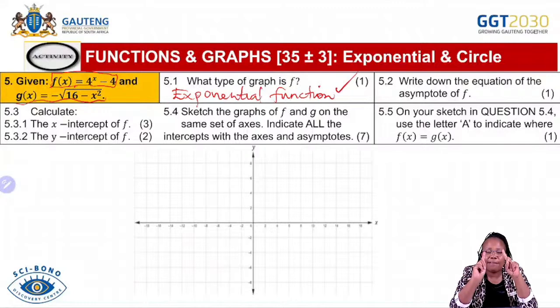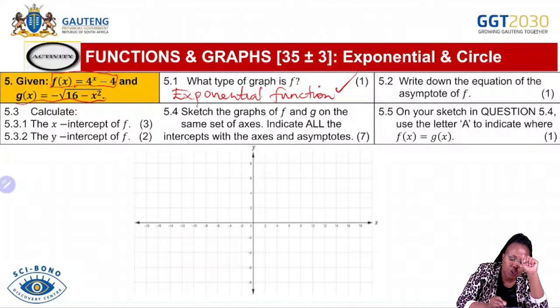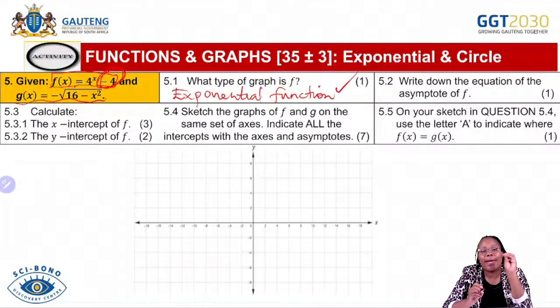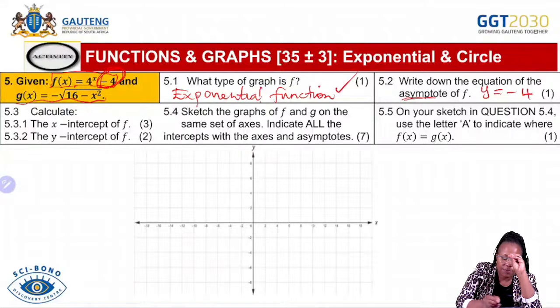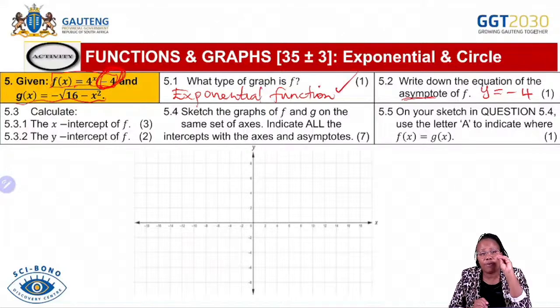Exponential functions have only one asymptote, which relates to that value of q. That means we only have y equal to, not like in the hyperbola, which has both x equal to and y equal to. With the exponential, our asymptote will be only y equal to negative 4.